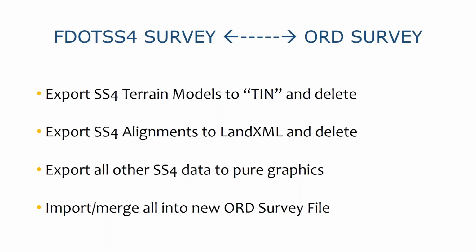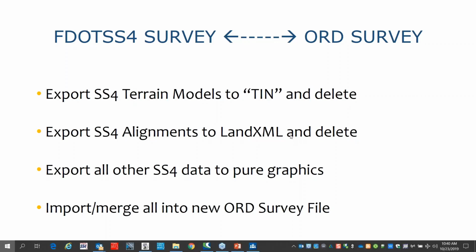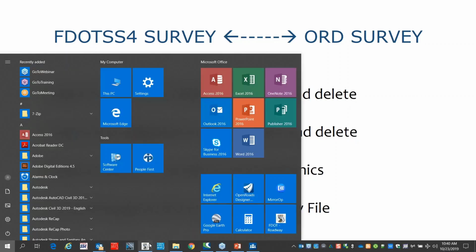And when I say out of the file, either way, whether you're going from SS4 to ORD or ORD to SS4, you cannot have these models in the file when you bring over the data. All other SS4 data has to be pure graphics, so it can't be survey features or anything like that. And of course, we do have a right-click functionality to do that.